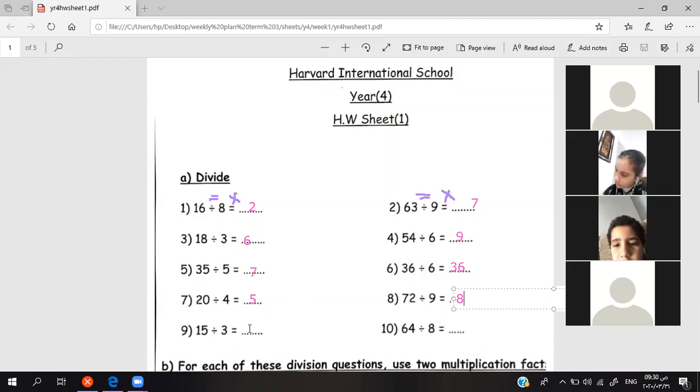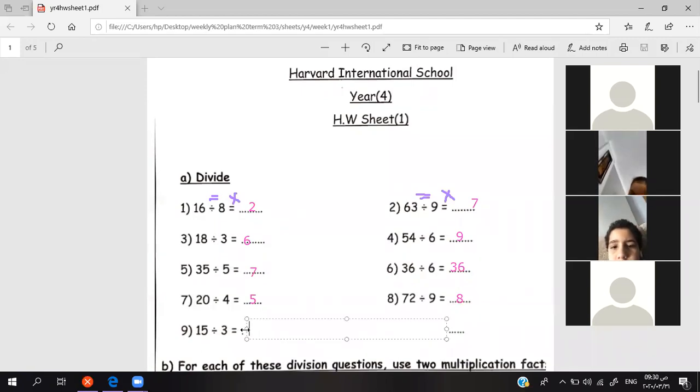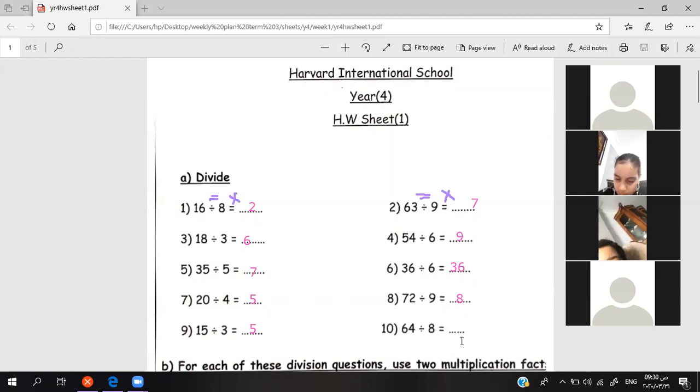So I hope you now understand that when I'm answering the division, it's the opposite way of the multiplication. And I say, what times 3 gives me 15? When I count the inside of my fingers, it's going to be 5. And number 10, what times 8 gives me 64? Then 8.